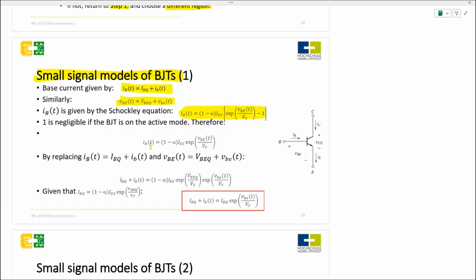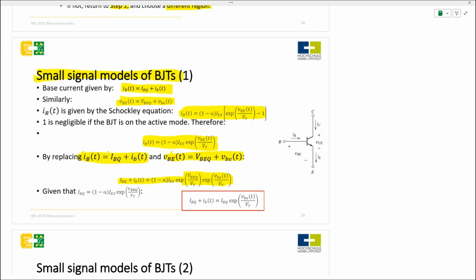Therefore, ib(t) equals 1 minus alpha. So just the 1 is dropped, and when we replace the ib(t) with this equation and our VBE with this equation, we will have this equation. And after that, we know that our IBQ equals this.